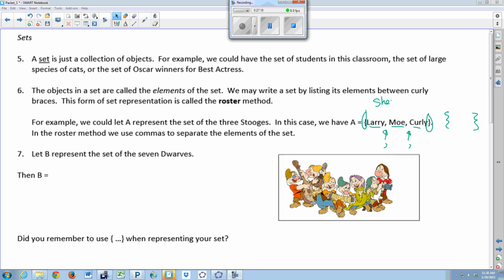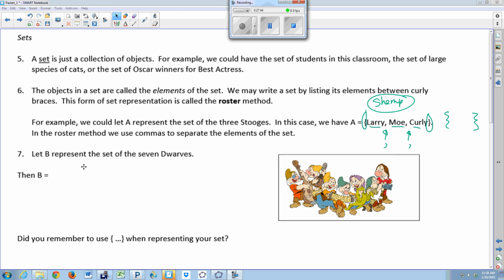Did you know they were brothers? I just read about it, I think it was Shemp and Curly, wasn't it? And Moe, they were all brothers? Yeah, and I just read the whole thing about why one left and the other one came. Anyway, doesn't matter. All right, see, I can get distracted. So I better do an edit on this, right? And people are going to say, who the heck is Shemp?